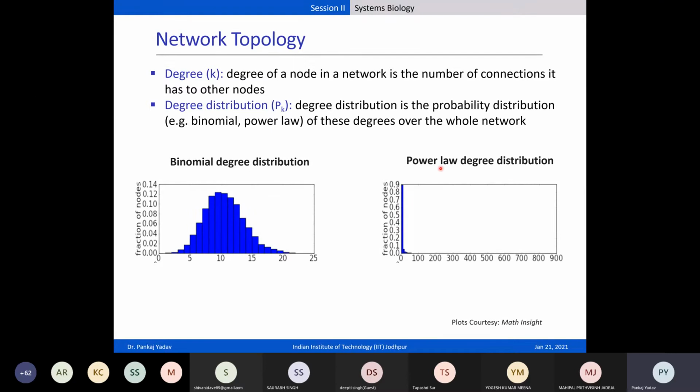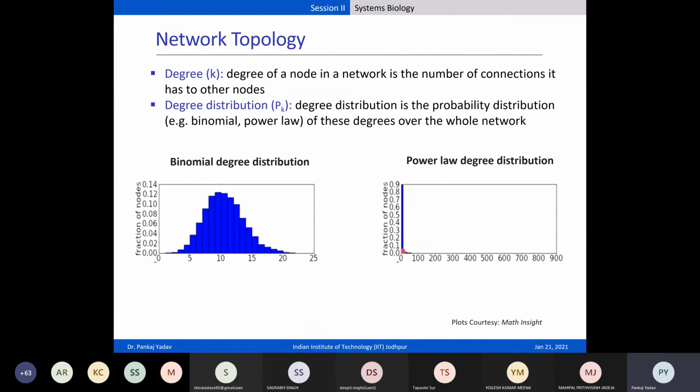Then we have another type of distribution that is possible, the power law degree distribution, where the distribution of degrees looks like a power law. You see there is one peak over here, and then it just decays like this. What is peculiar about this power law distribution is that you only have a few nodes with high degree.